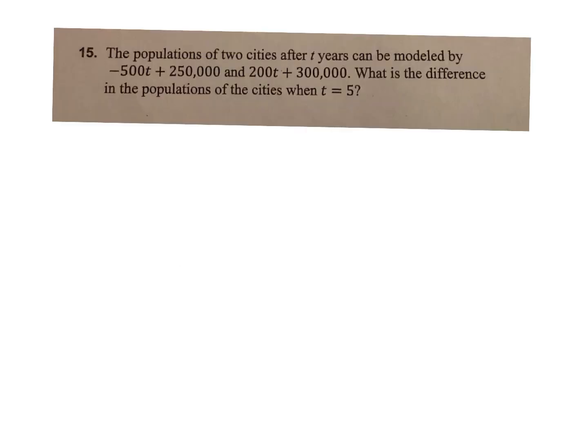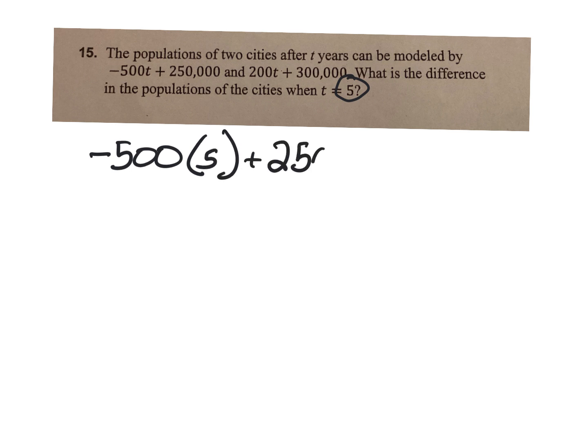All right, last one. Now this one you could do a couple different ways. I'm going to do it where I put in 5 for t, and then I figure out the population of the 2 cities. So negative 500 times 5 plus 250,000.